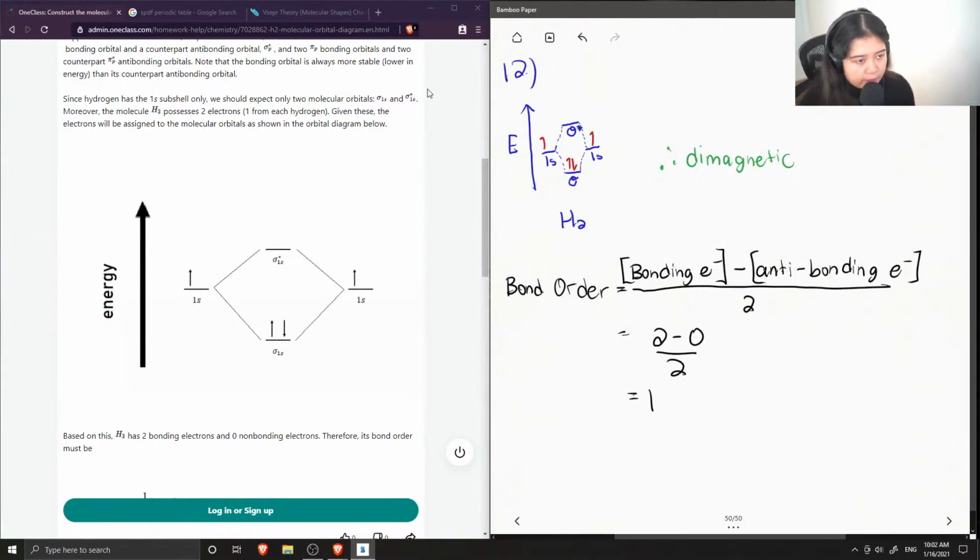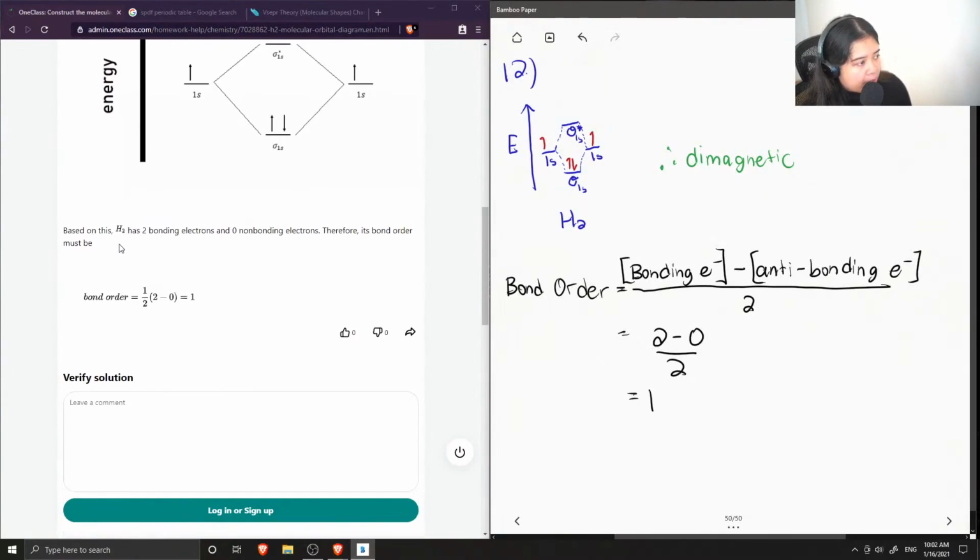So I can also label my diagram to show that this sigma is because of the 1s, and this sigma star is because of 1s. Moreover, the molecule possesses two electrons, one from each hydrogen. Given these, the electrons will be assigned to the molecular orbitals as shown in the orbital diagram below.